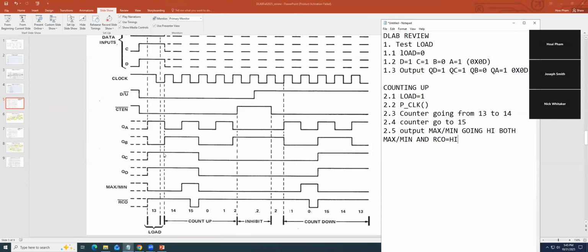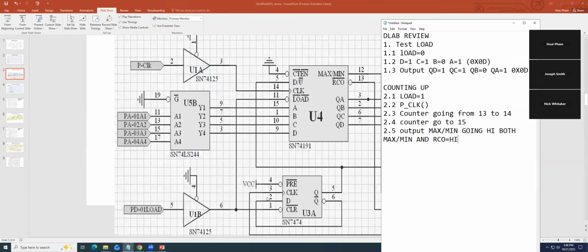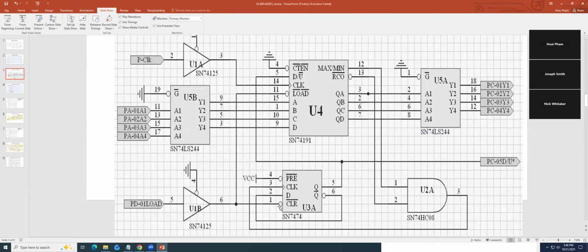Okay, you can see that one here before the 50, right? Both high. Now, Mr. Pham, you should probably put, well, if both high, yeah, I got you.